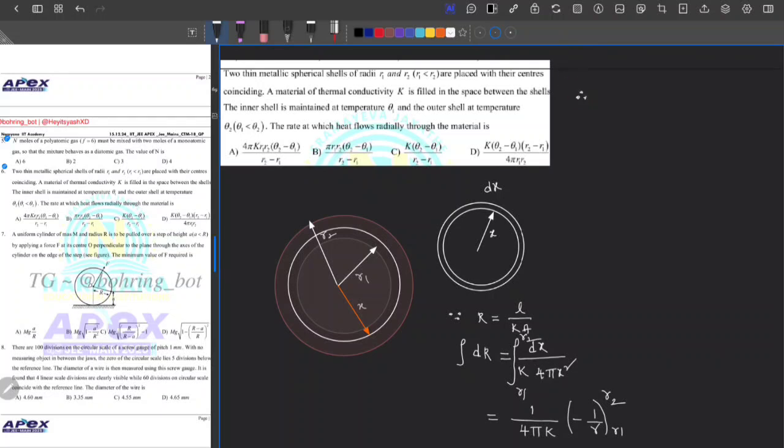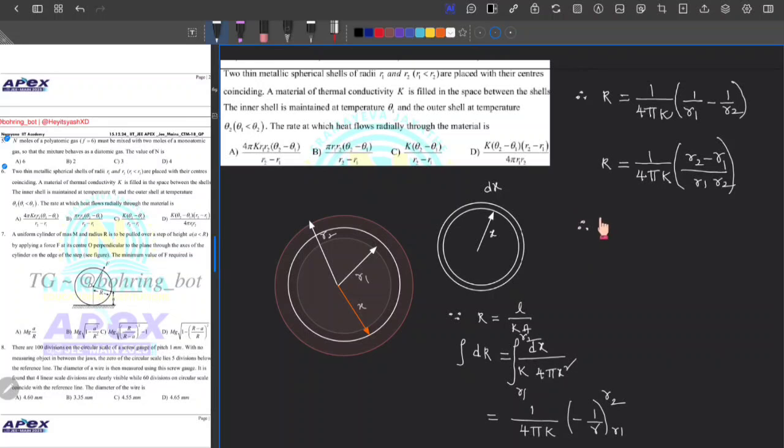Therefore I can write the thermal resistance R equal to 1 by 4 pi K into 1 by r1 minus 1 by r2. So I can also write R is equal to 1 by 4 pi K into (r2 minus r1) by r1 r2, right? So this is the thermal resistance.